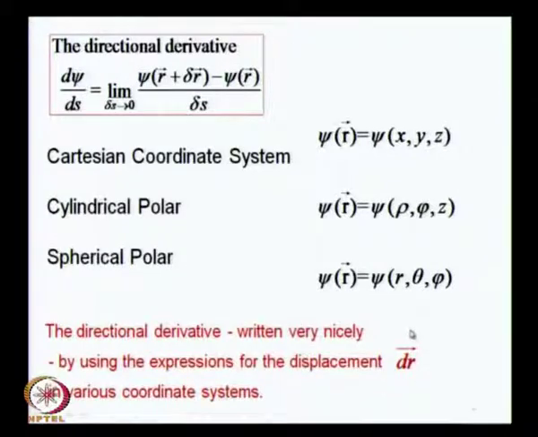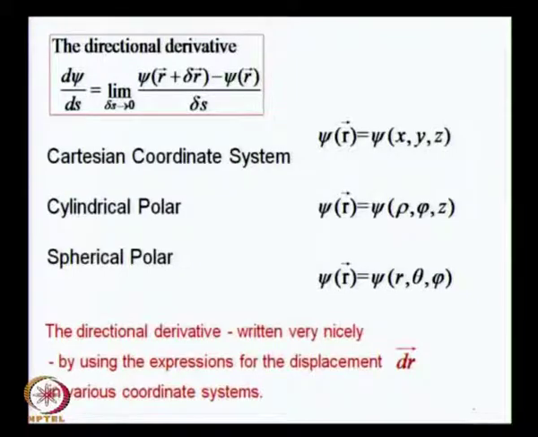by expressing this displacement vector dr in different coordinate systems. Once we do that, and this is very easy, again I want to remind you again and again that you should not try to learn these expressions by heart, but develop them from first principles.